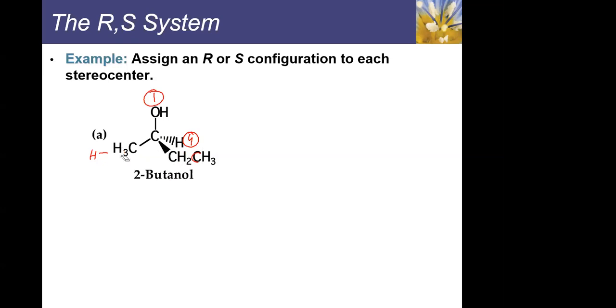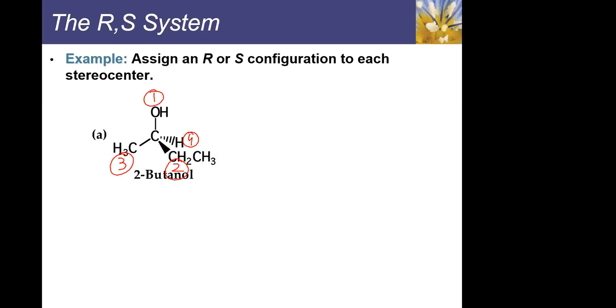So what did we say? Which one was the next priority? The second one was CH2, CH3, so this was my number 2. Now pay attention. The lowest one is H. If this is at the back, this dash will tell you it's at the back.